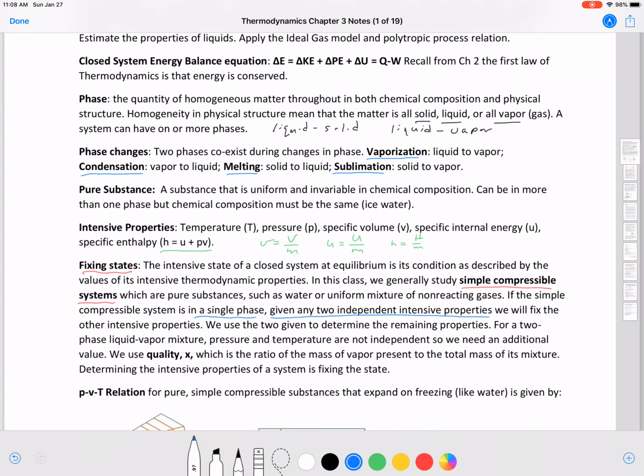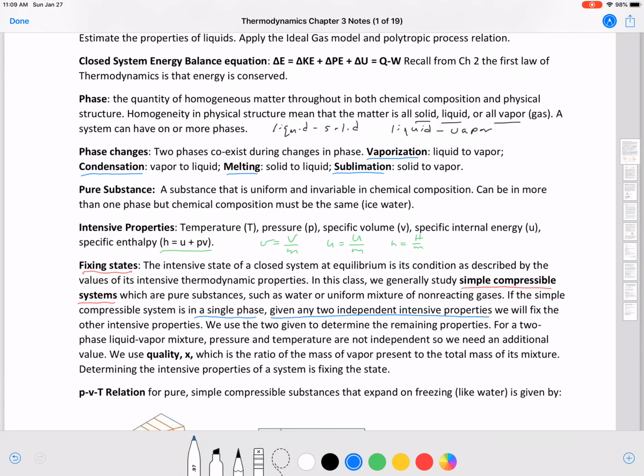So if you have temperature and pressure, you can find the specific volume, internal energy, and enthalpy. And later we'll see entropy as well. You only need two when in a single phase, and you can have any two of these listed intensive properties, and then you'll be able to find the rest.